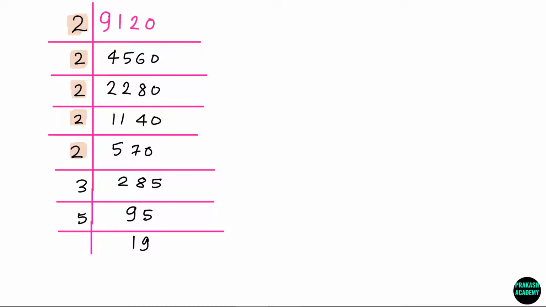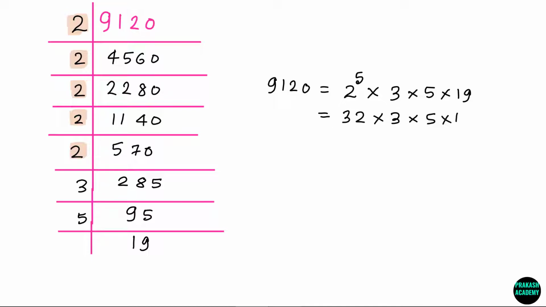So this means 9120 can be written as 2 raised to the power 5 times 3 times 5 times 19, and 2 raised to the power 5 is how much? This is 32. So this is 32 times 3 times 5 times 19.